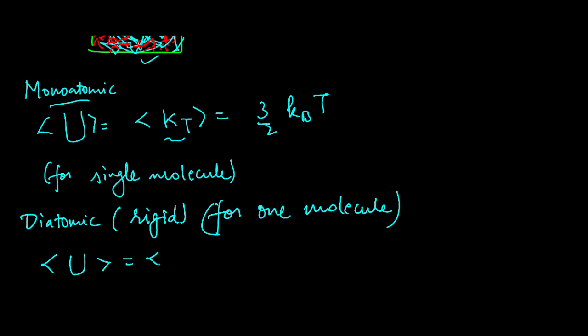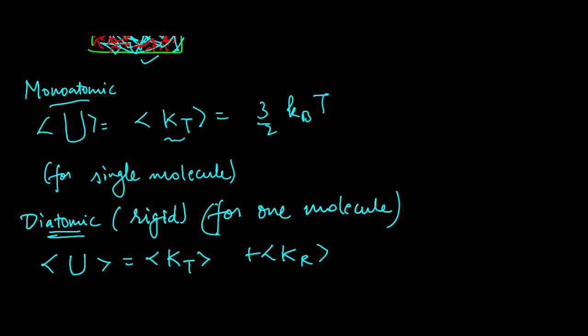You know, there is kinetic translation and there is also kinetic rotation. Do you understand what I'm saying? Because a diatomic rigid molecule will have rotational energy also. That's what we talked about last time.